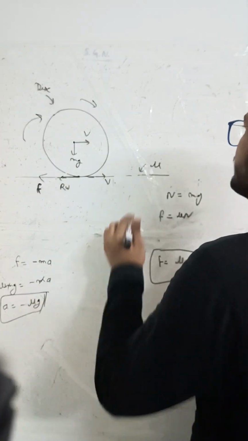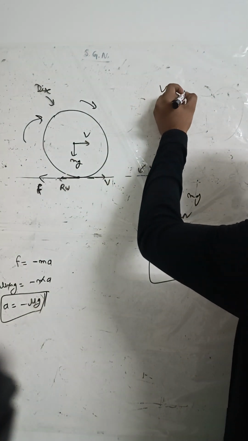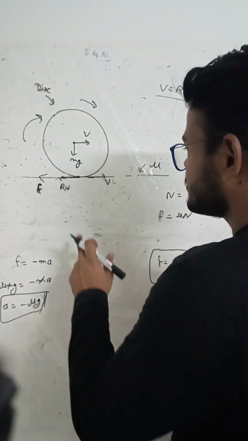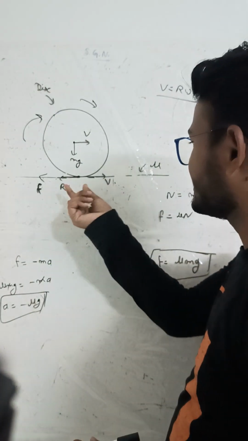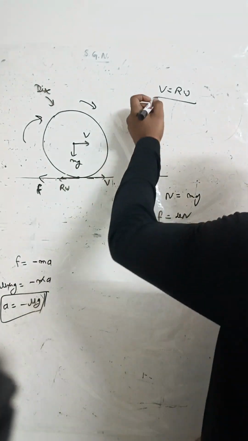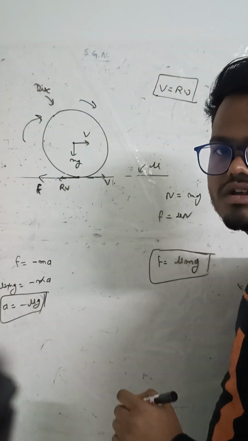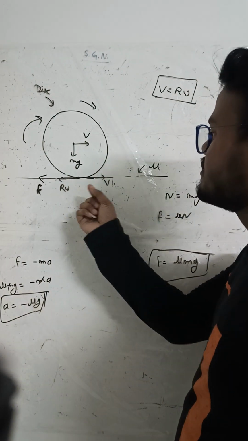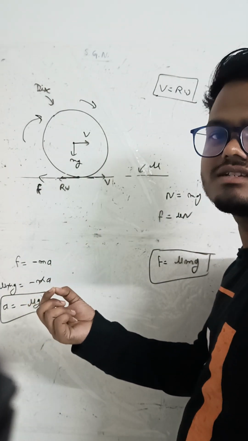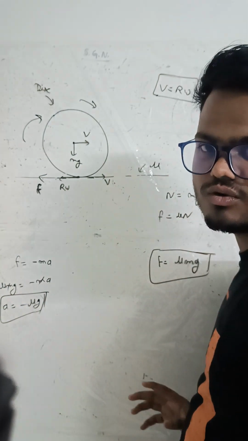We know pure rolling means v equals r omega. So this friction force increases omega and decreases v, and at a time t this condition holds true. When it holds true, we can say that at this time the body starts pure rolling.